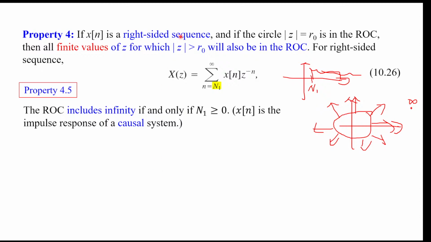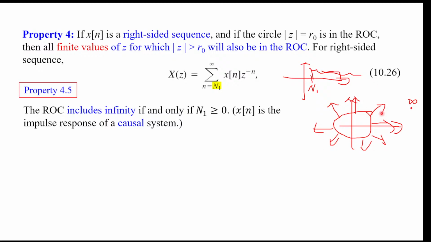Okay. And if x of n is a right-sided sequence, then the ROC will be outside, go to outside infinity. In Laplace transform, we say x of n is right-sided, then big X of s is also right-sided. But everything now is a circle, so x of n is right-sided.